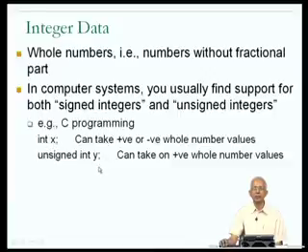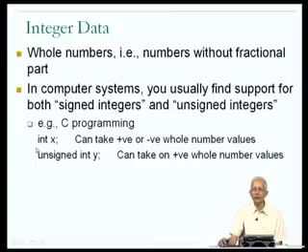I could declare a variable called y to be an unsigned integer, as in these two declarations, int x and unsigned int y. The idea here is that if I know that x may take on both positive and negative whole number values, I would have to declare it as an int or a signed int. Whereas if I know that y never takes on negative values, I could declare it as an unsigned int y, knowing that it takes on only positive whole number values.